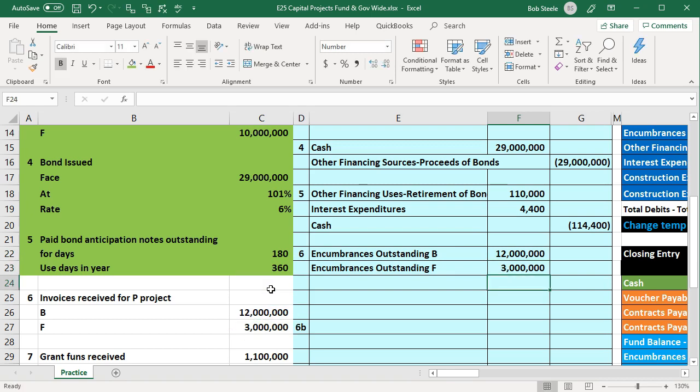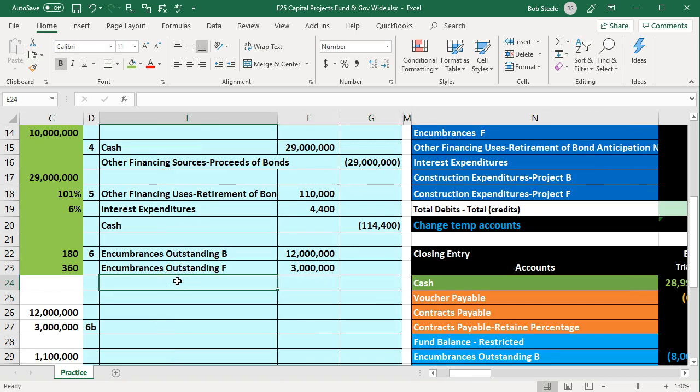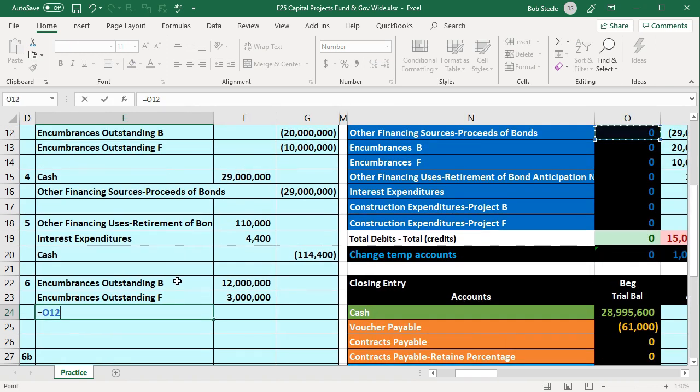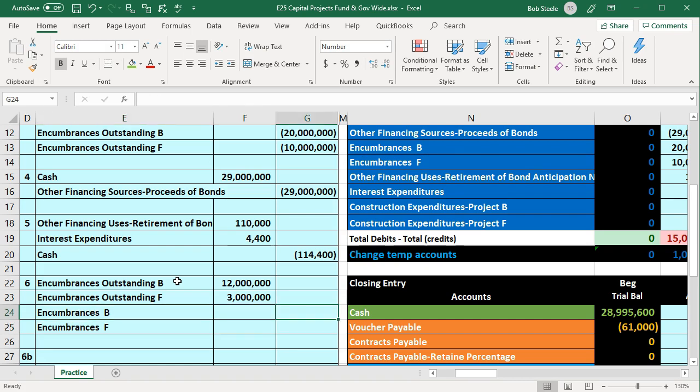So we're going to reverse that, and then the other side, which is going to go to the encumbrances. So we're going to scroll back over. We're going to pick up the encumbrances for B and encumbrances for F. So that's going to be the credits. So then we're going to say negative of the 12, negative of the 3, and that'll give us our credits.